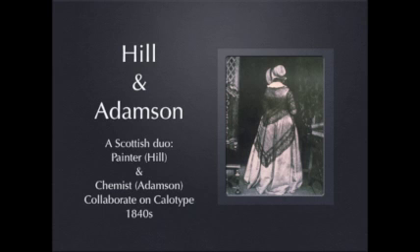Hill planned on using photography as an aid to painting. Hill, this painter, had been commissioned to make a very large painting of a huge number of Scottish noblemen. And he figured it would be a lot easier to paint these guys if he could have a photograph of them. Then he wouldn't have to have them all come in one after the other.